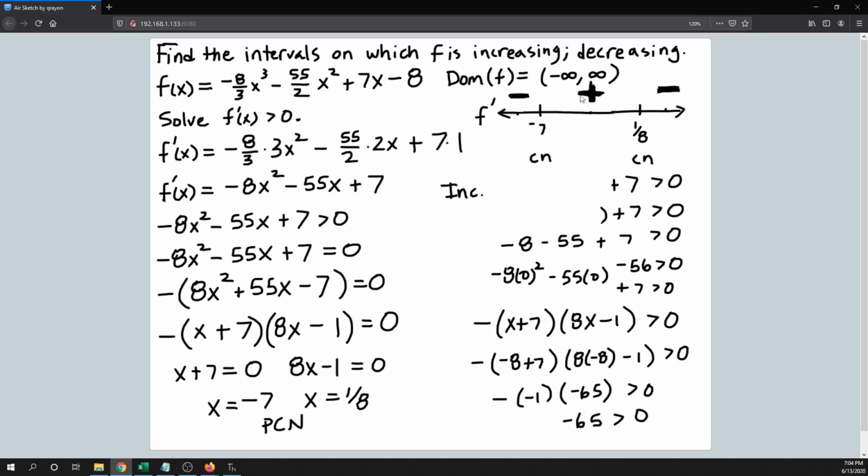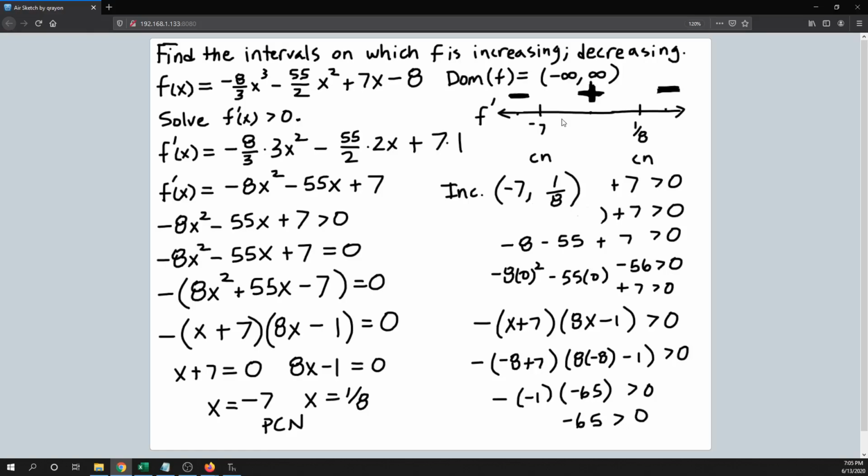And so it's wherever I have a plus on my sign diagram, and it's going to be negative 7 to positive 1/8. Right here. Okay, so this function is increasing on that interval.